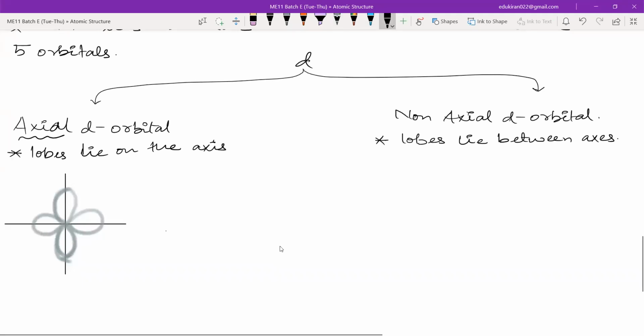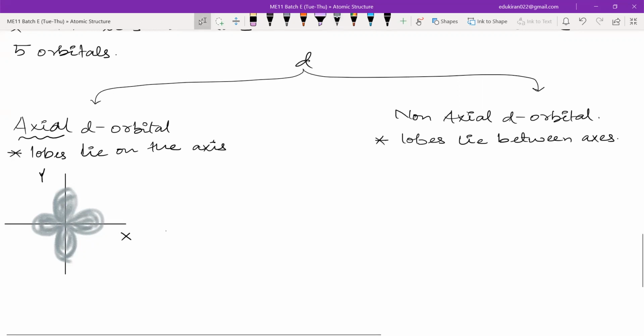Okay, so this is the x-axis. This is the y-axis. This is the electron density.